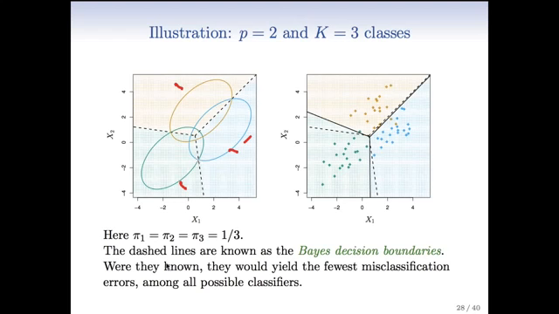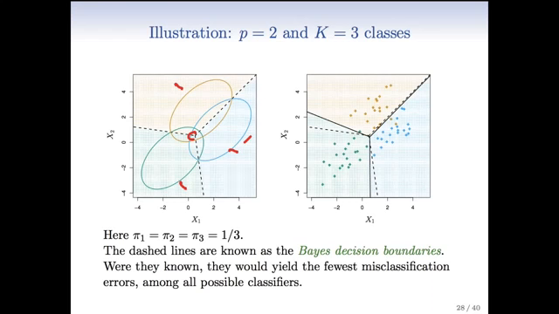It's really very pretty. It shows you where you classify to blue versus orange, and it's exactly where the line goes through the points where the contours are cut. Both for the orange to blue, for the blue to green, and for the green to orange. And you can see they all meet in the middle over here. And so if you knew the true densities, and in this case they're Gaussian, you'd get the exact decision boundaries. Again, these are called the Bayes decision boundaries. These are the true decision boundaries.